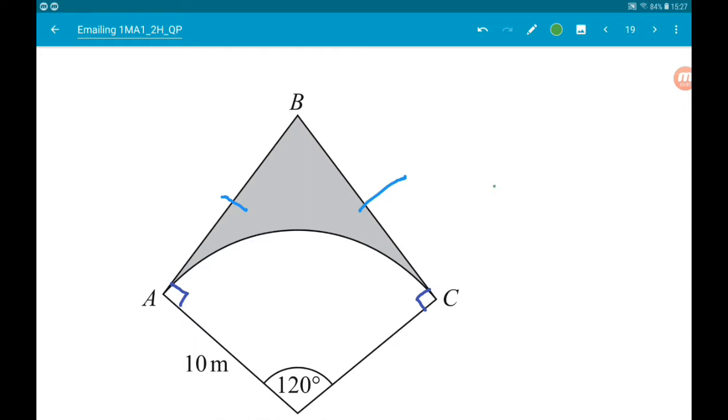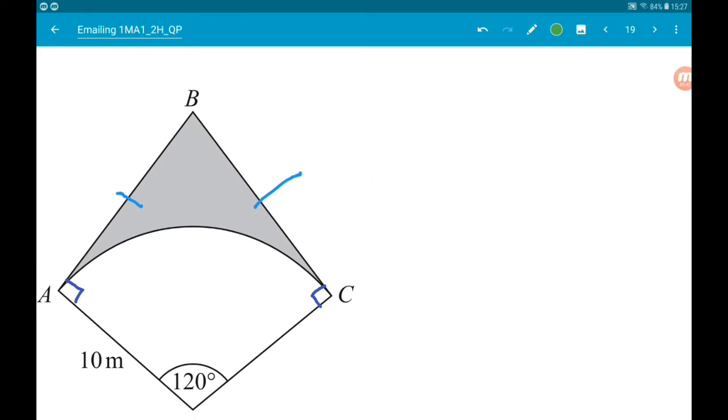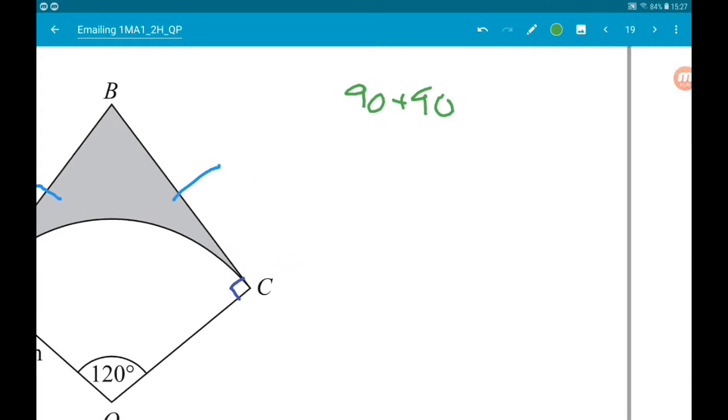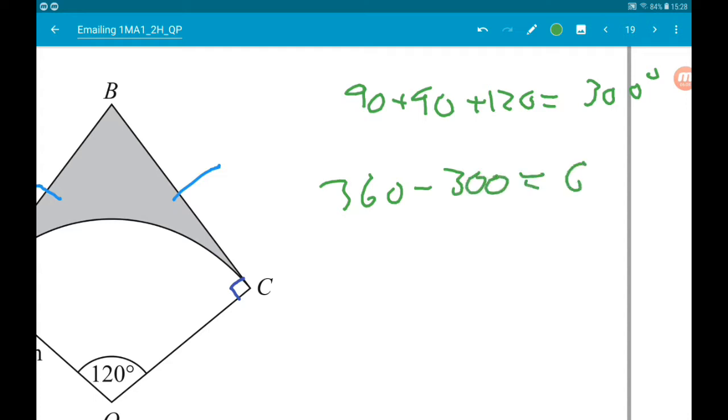So 90 add 90 add 90, 90 add 90 add 120 is 300 degrees. So then 360 minus 300 is 60 degrees.